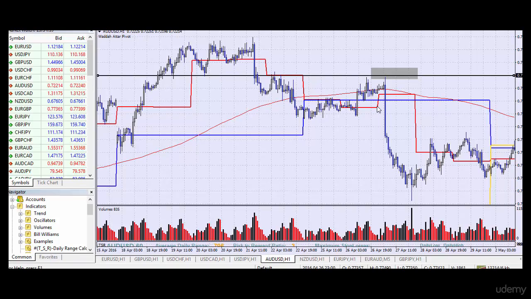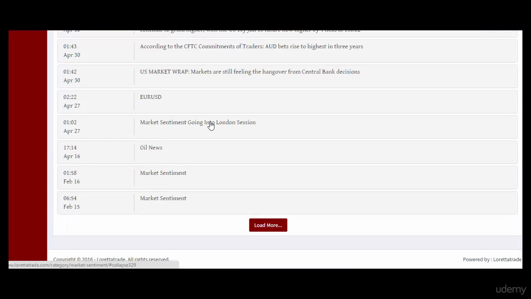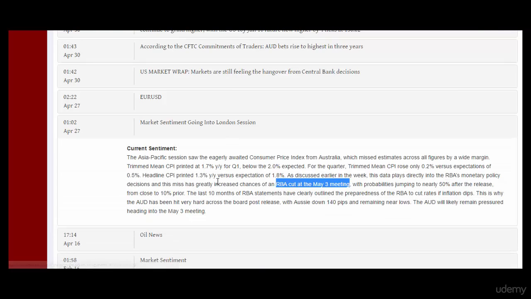So whenever we have a bad deviation in CPI, meaning a worse than expected CPI reading, we expect these guys to be looking towards cutting interest rates. That's what we're expecting them to do after seeing this. Also, if you go to the news feed, you can see the market sentiment.